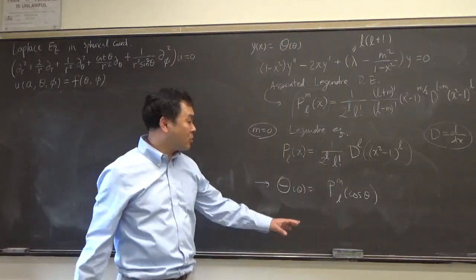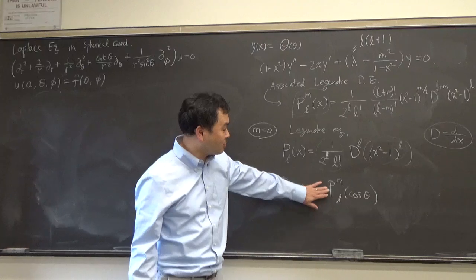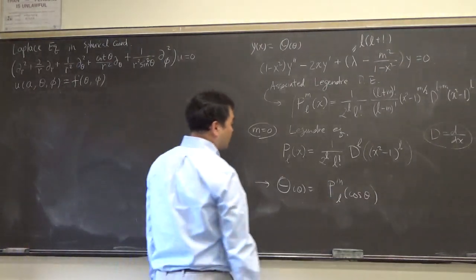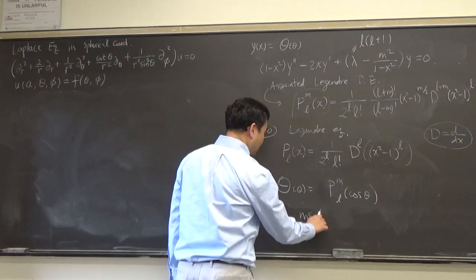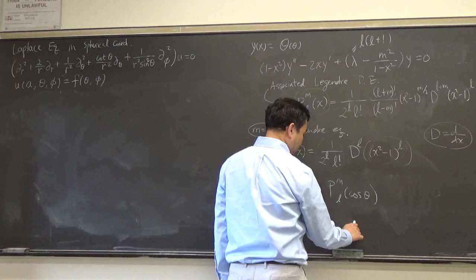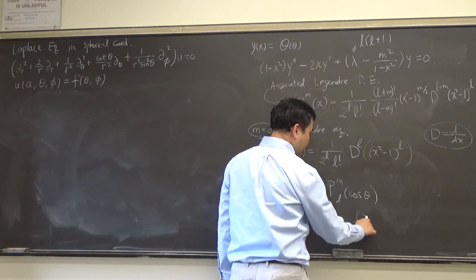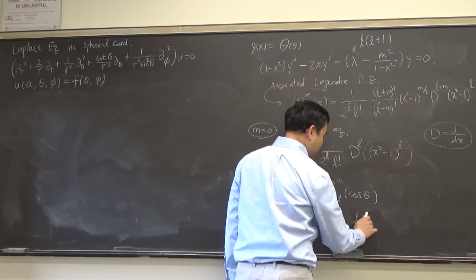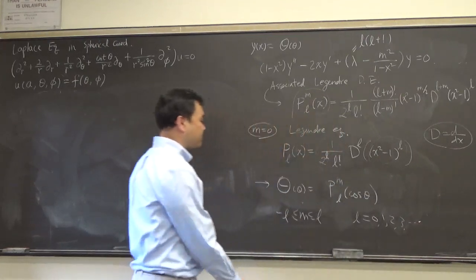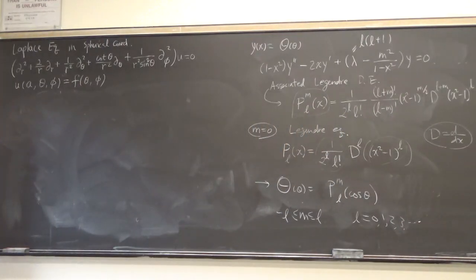We're just looking for building blocks, so it should really be some constant times this, but we don't care. Where m is between L and negative L, and L is equal to 0, 1, 2, 3, and so on.